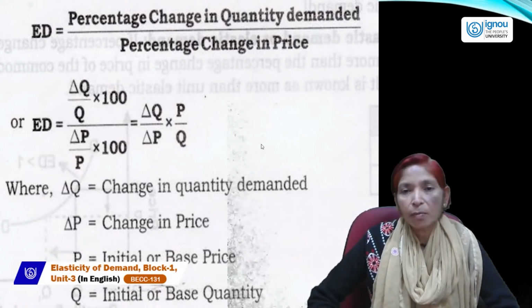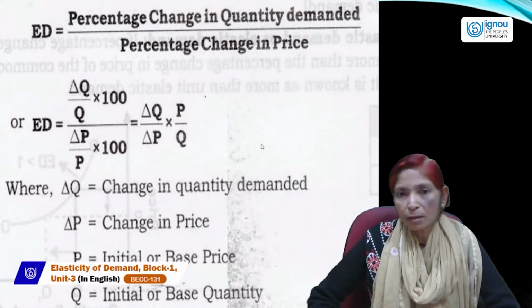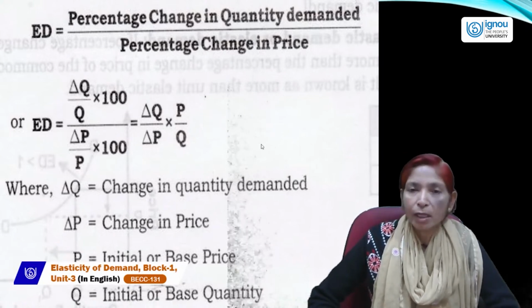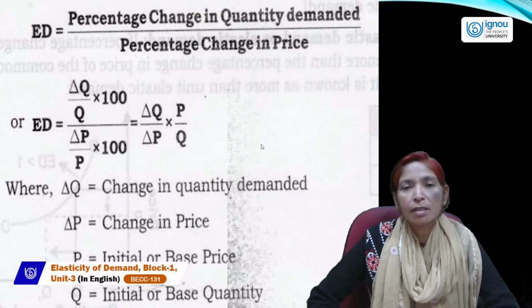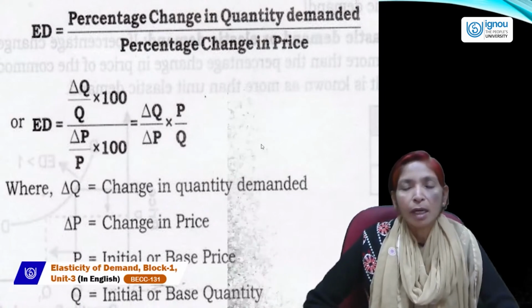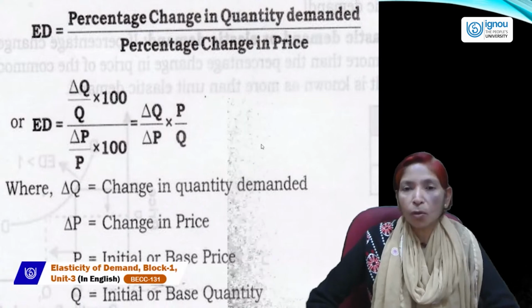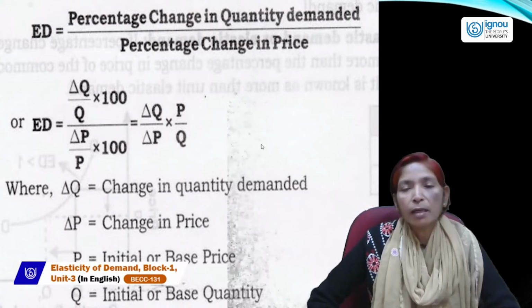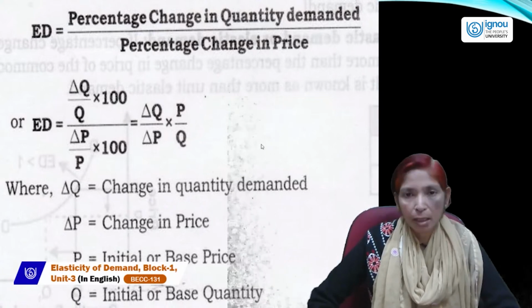If the answer comes below 1, that will be called less than 1 elastic demand. If the answer is exactly 1, then unitary elastic demand. And if the answer is 0, it means the demand is perfectly inelastic.